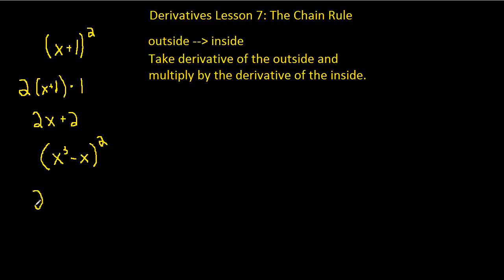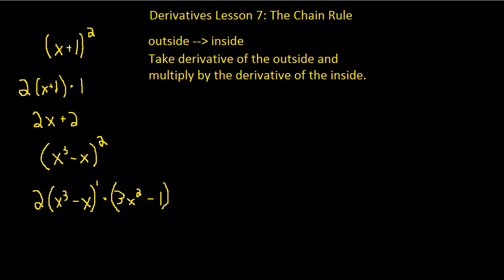So we get 2 times (x cubed minus x) to the first power. And so multiply this by the derivative of the inside. So the derivative of the inside is 3x squared minus 1. So there you have it, that's the derivative of that expression.